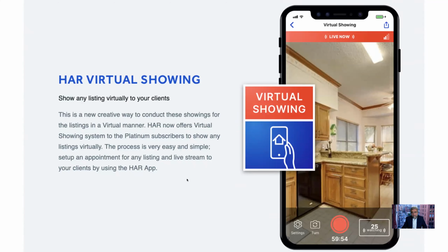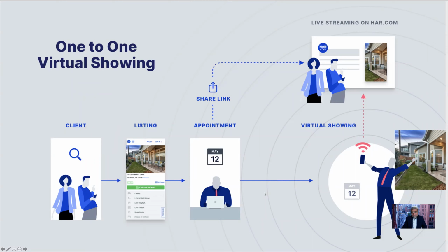Virtual showing is another tool you can use to show any property. Just to give you an example, if somebody wants to see a property from outside, they go and search HER.com, find the property they need, and tell you, hey, can you set up an appointment for us to see this property?